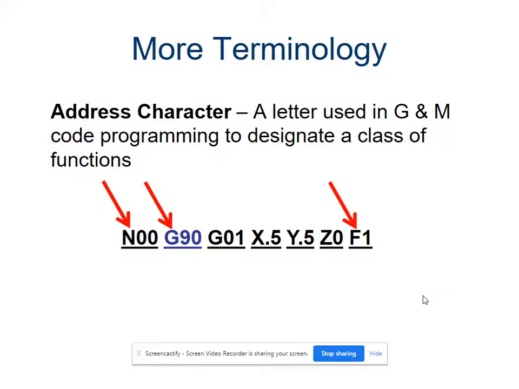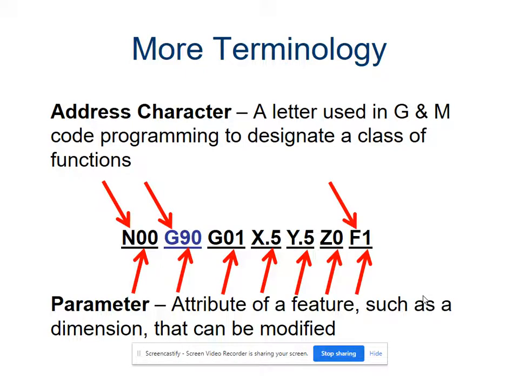So these things, the N's, the G's, and the F's, those are called the character addresses or address characters. And they're a letter that gets used in G and M code programming to designate a class of functions, so the way that we want the machine to operate, okay?